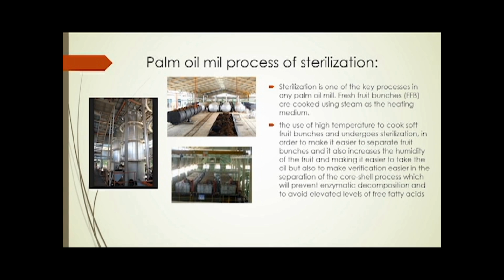It also increases the humidity of the fruit, making it easier to take the oil, and makes separation of the kernel shell easier, which will prevent enzymatic decomposition and avoid elevated levels of free fatty acid. Utilities use horizontal sterilizer, vertical sterilizer, and continuous sterilizer.